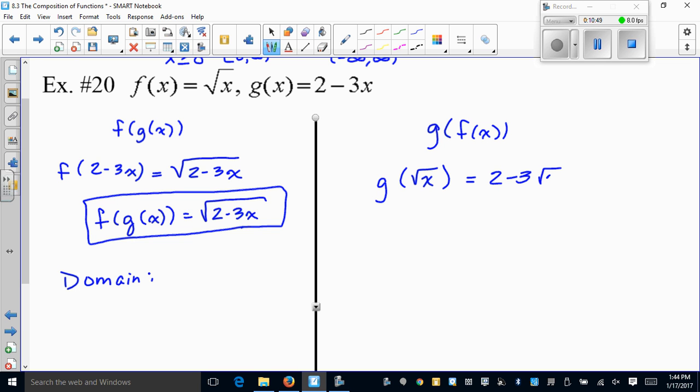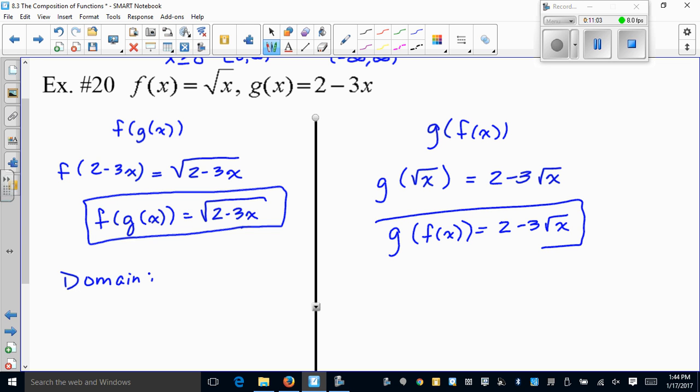And we're done. So g of f of x is 2 minus 3 square root of x. Yes, these are the kind that you will always hope that you get. Something very quick and simple to be done. And again, domain we'll do in class tomorrow.